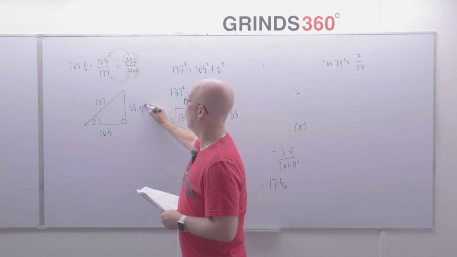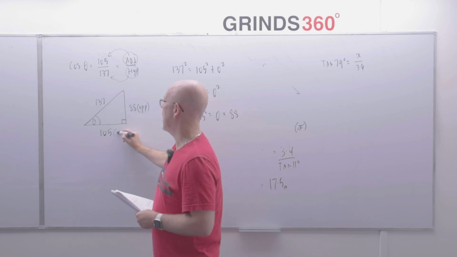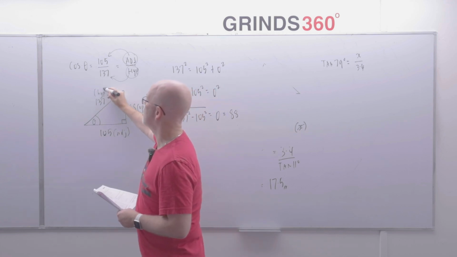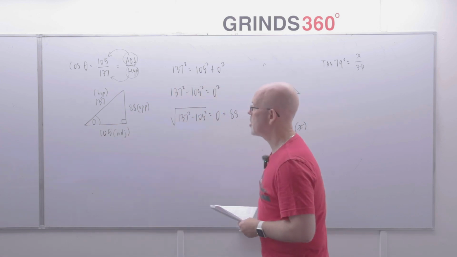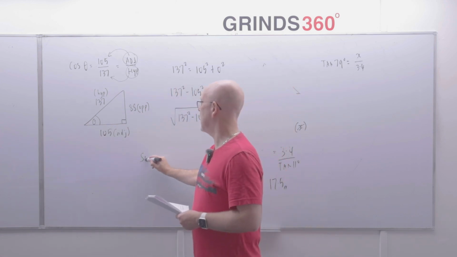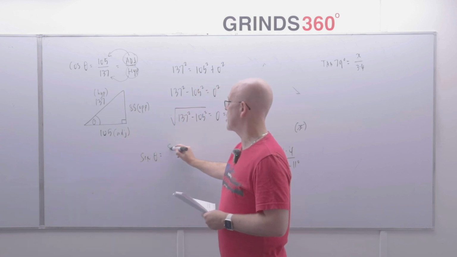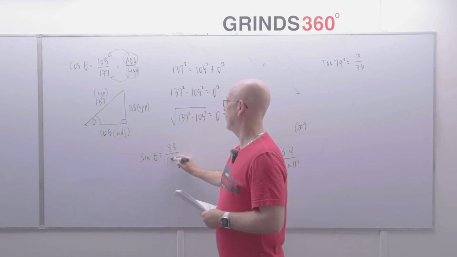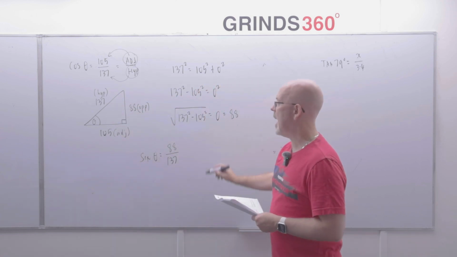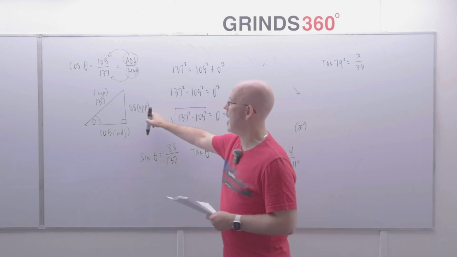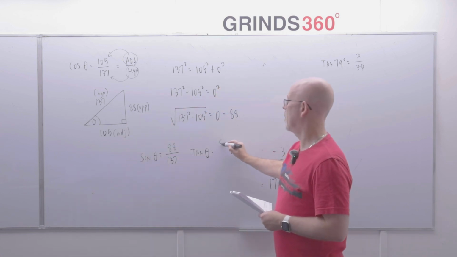Now that we know all three sides, we can write down any of the three ratios. The one we knew already was the cosine ratio, but now we can write down the other two. Sine theta is opposite over hypotenuse, it's 88 over 137. And tan theta is opposite over adjacent, which is 88 over 105.